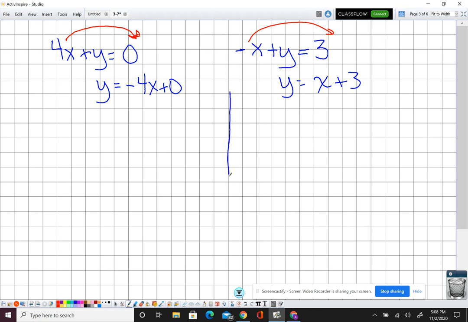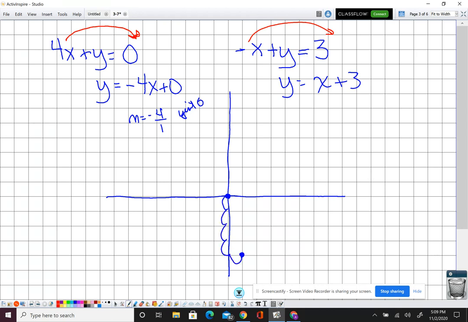Rather than graphing them on separate graphs, I'm going to graph them on the same graph right away. This first one I'm going to graph in blue. It has a y-intercept of 0 and a slope of negative 4, so the slope is negative 4 over 1. From the y-intercept 0, go down 4 units and over 1.